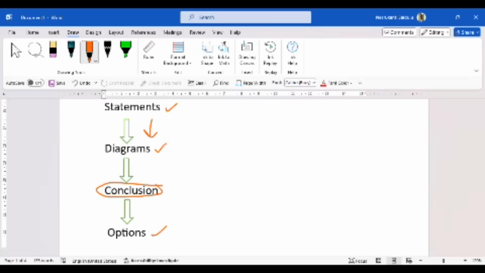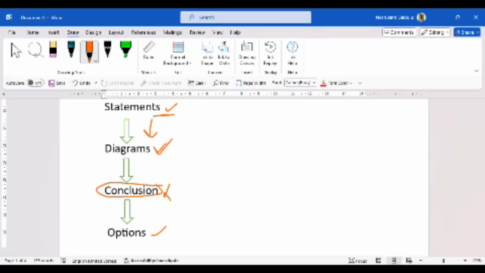Once you have drawn the diagram, don't go back to the statement; go with the conclusion only. You have to draw the diagrams on statements, not conclusions.